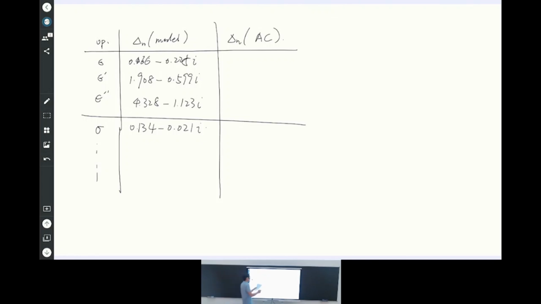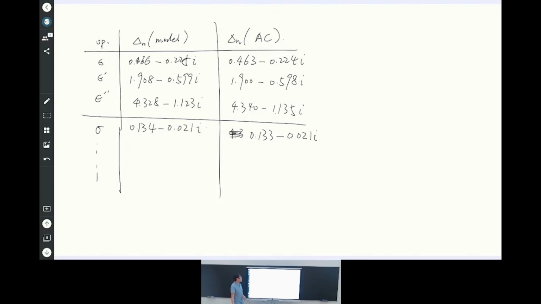In this case, you can get some more numbers, which are also listed here. Comparing them together, these two agree quite well.